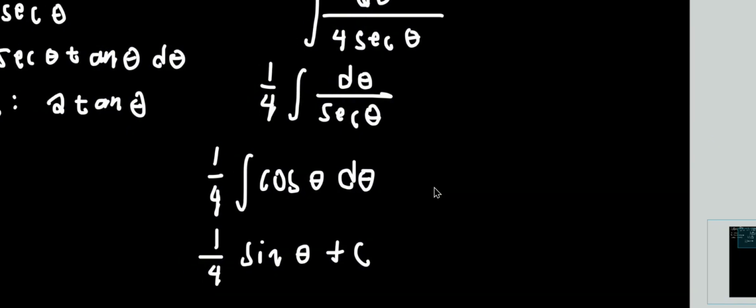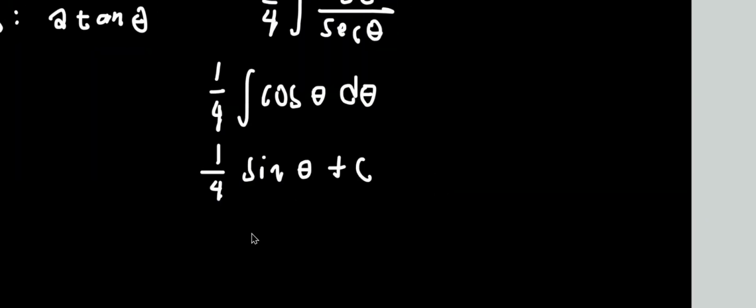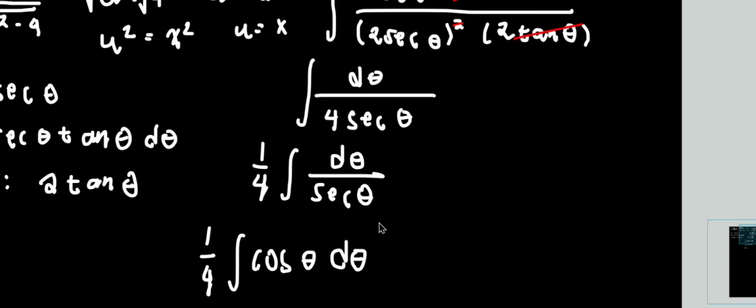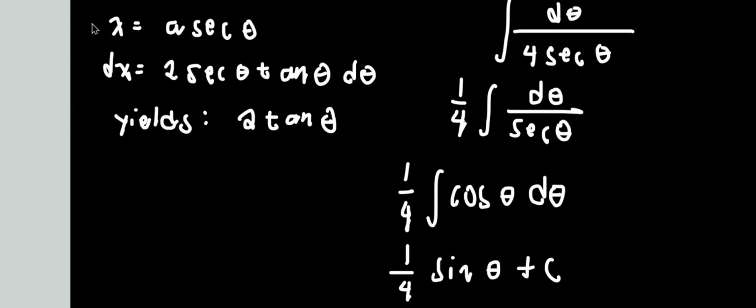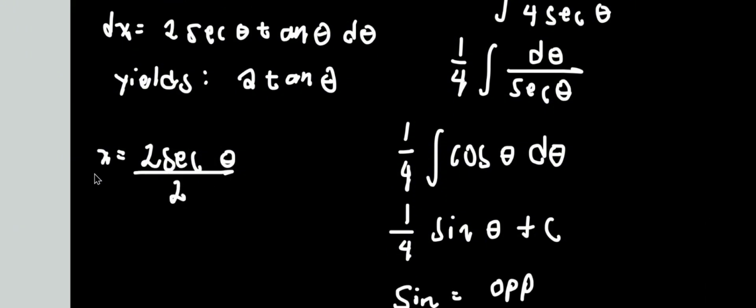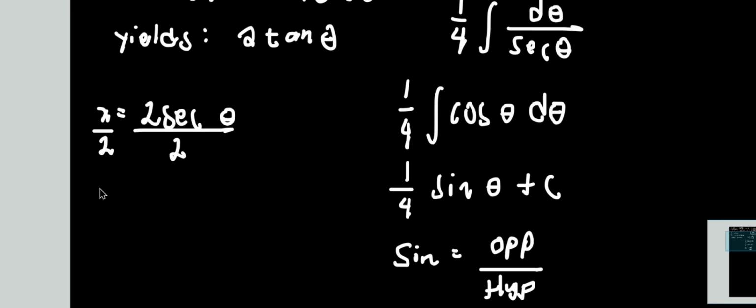Since trigonometric substitution to, and naka-sine, basically sine is equal to SOH, so that would be opposite over hypotenuse. So take a look sa x natin. Balik tayo dito sa x. Since our x is 2 secant theta, divide na dito both sides para makuha natin yung identity.